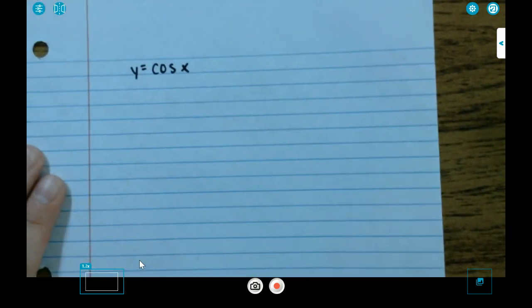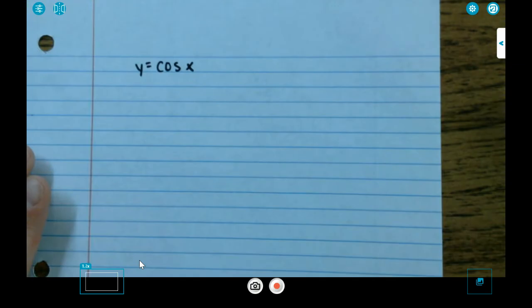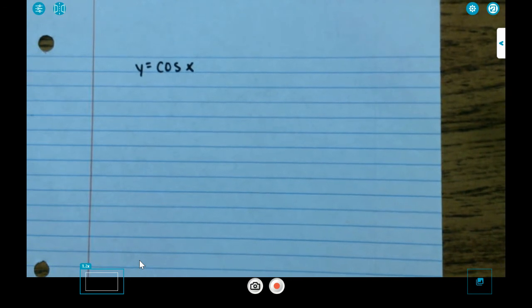For cosine, instead of going from negative pi over 2 to pi over 2, the segment that we use has to be from 0 to pi, because that's where we go all the way from 1 to negative 1.